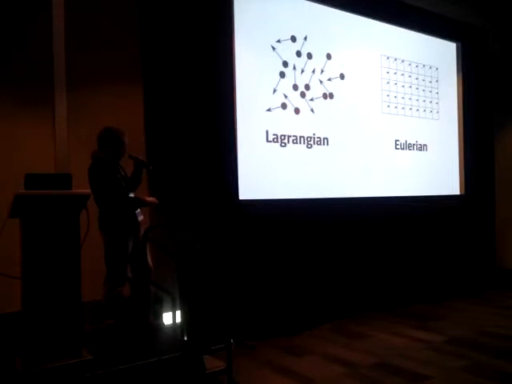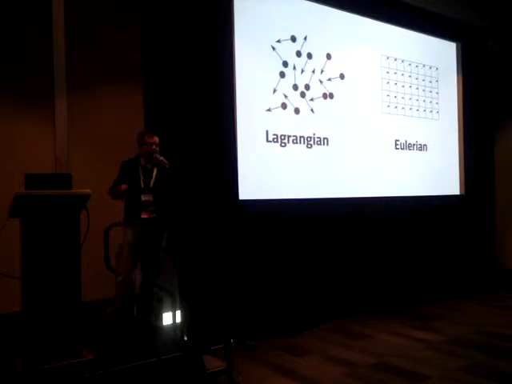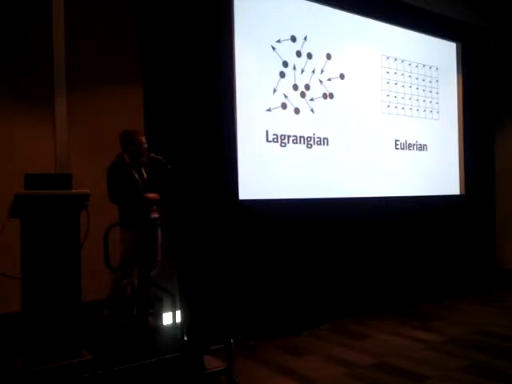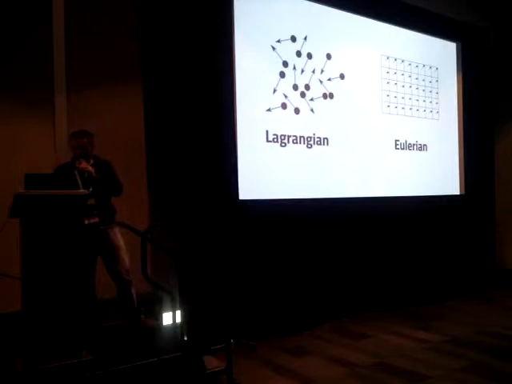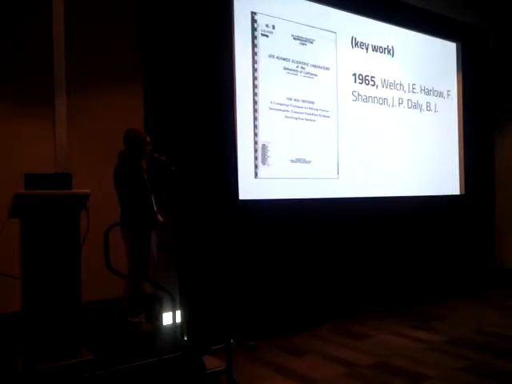The other one is Eulerian, where we have not particles but fields of velocities and densities and pressures and everything, so that the properties of fluids are advected within the flow. These are the two approaches, and about these two I will be talking today.